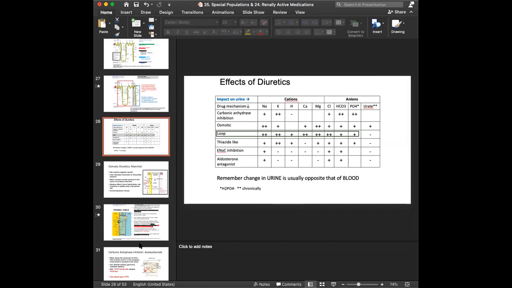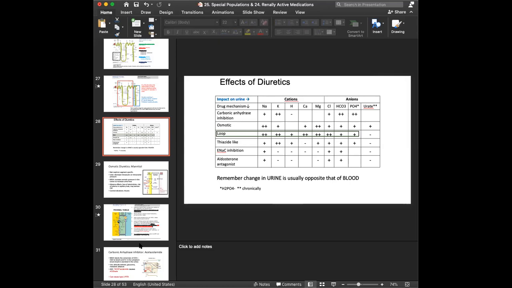Just remember, urine and blood are usually the opposite. If I have hypokalemia, that means I've got low potassium in my blood, but I'm getting rid of a lot of potassium in my urine, so the urine potassium would be high.